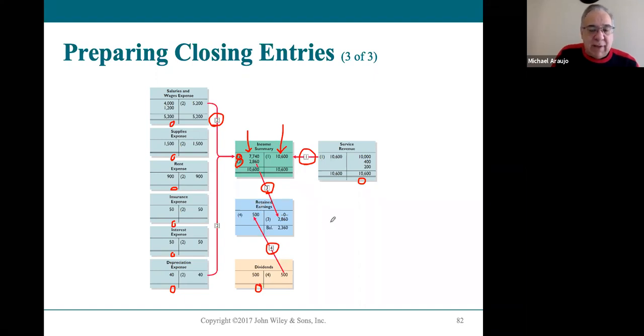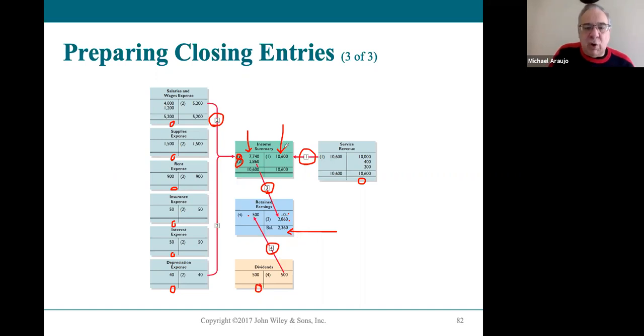Now look what we got for retained earnings. A zero balance to start. We added the net income of 2860. We subtracted out the dividends of 500. The retained earnings balance at the end of the month, 2360. That is exactly the same numbers from the retained earnings statement that you saw just a few pages ago.